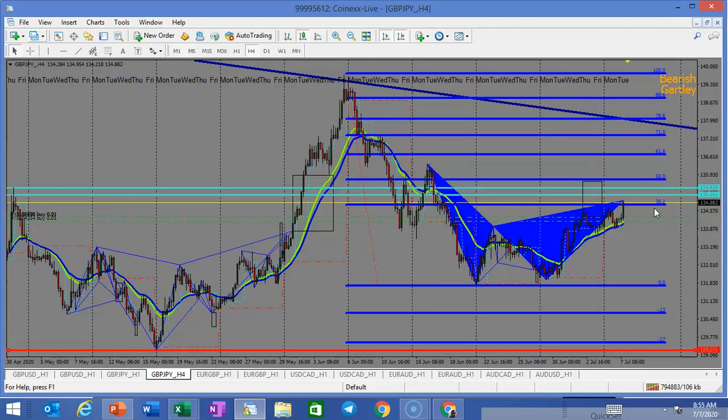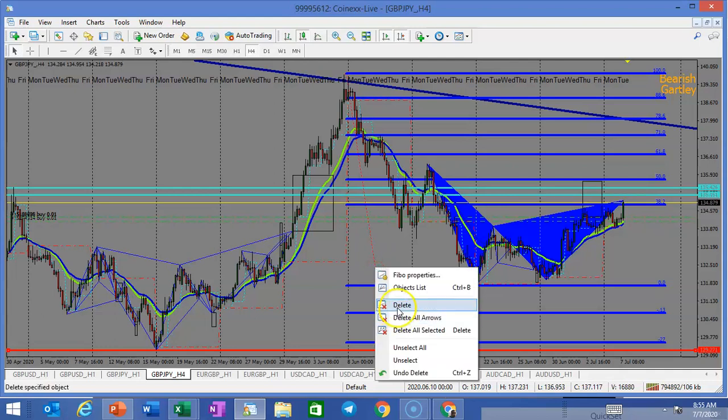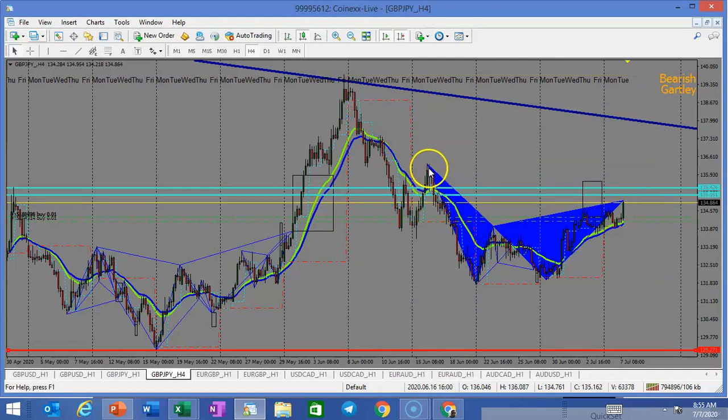We're at 382. So on the 4 hour, this is still a trend change.